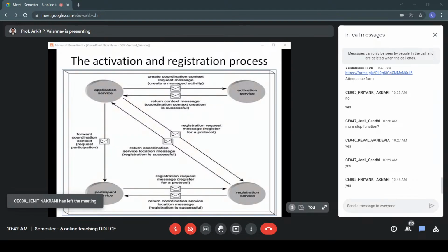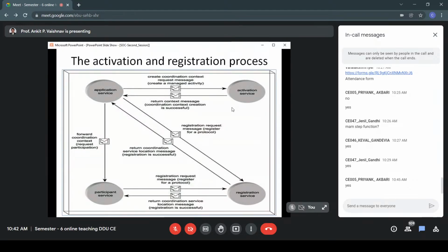So we have seen that in WS coordination framework, there are three major services. The first is activation service, which is supposed to create the context information. And then activation service shares that context with all the services which are going to be part of that, right?